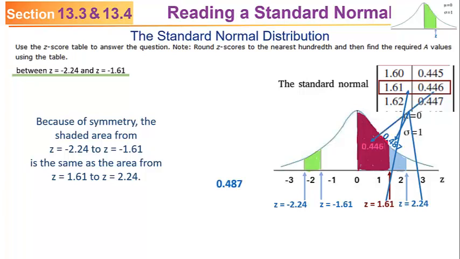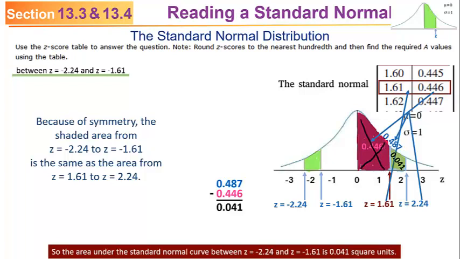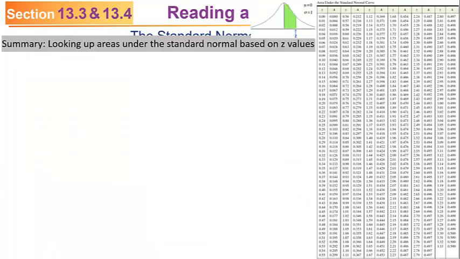That's the area you want to get rid of. So if you take that away from the larger area, you'll end up with an area of 0.041. So the area under the standard normal curve between z equal negative 2.24 and z equal negative 1.61 is about 0.041 square units. You sort of see the game you're playing now. It's almost like playing a game.